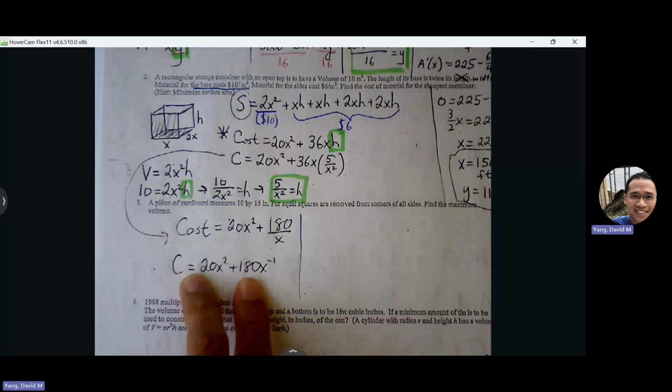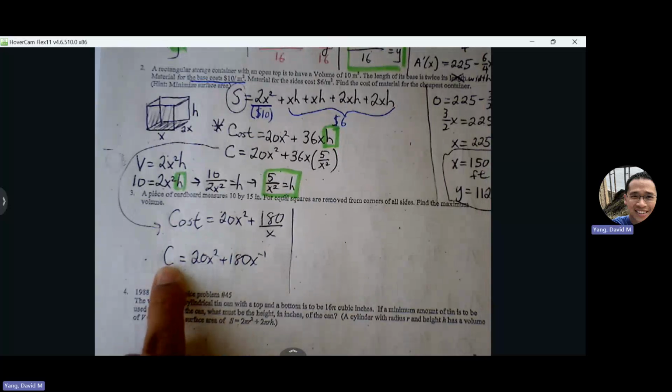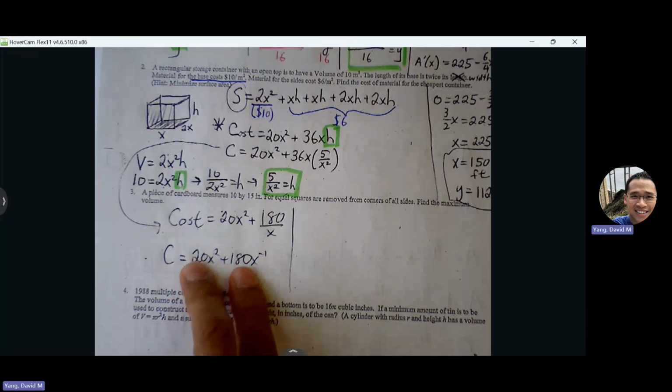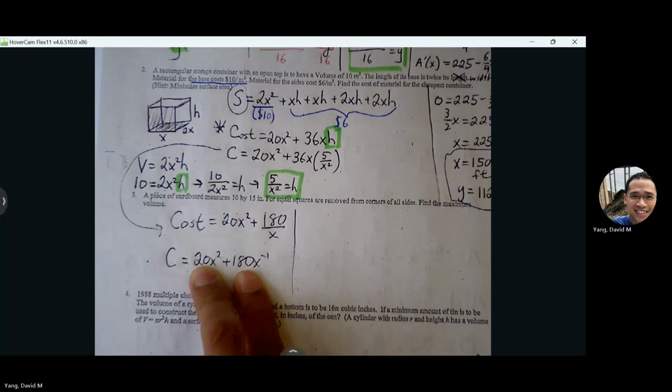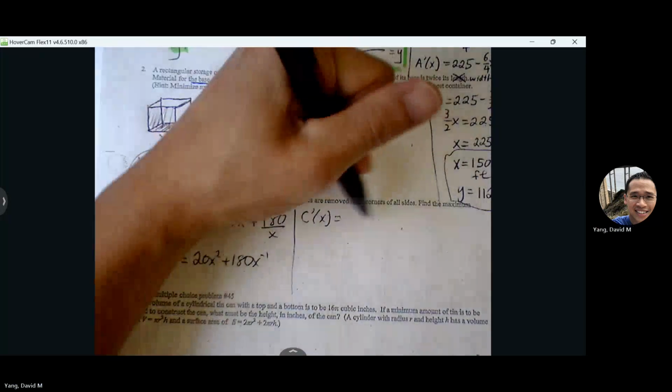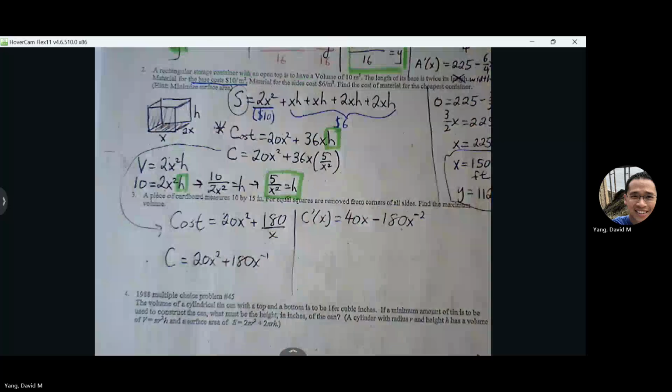Okay, your cost equation. This is what we want to ultimately find the derivative for. And we're able to get it all the way down to one variable and ready for power rule. So ready for C prime. 20x squared becomes 40x minus 180x to the negative 2.